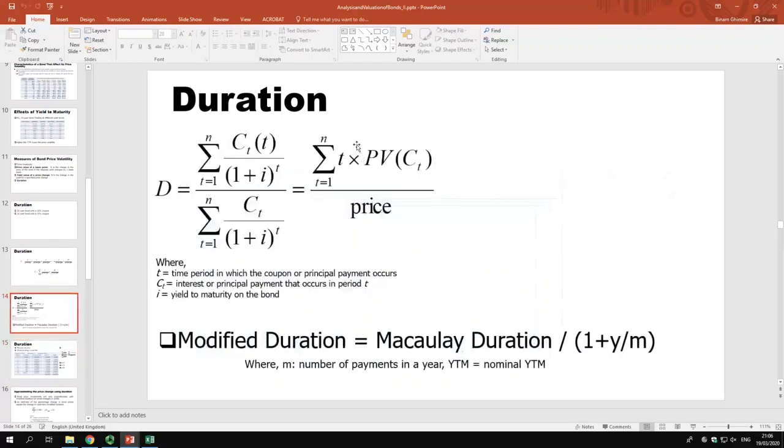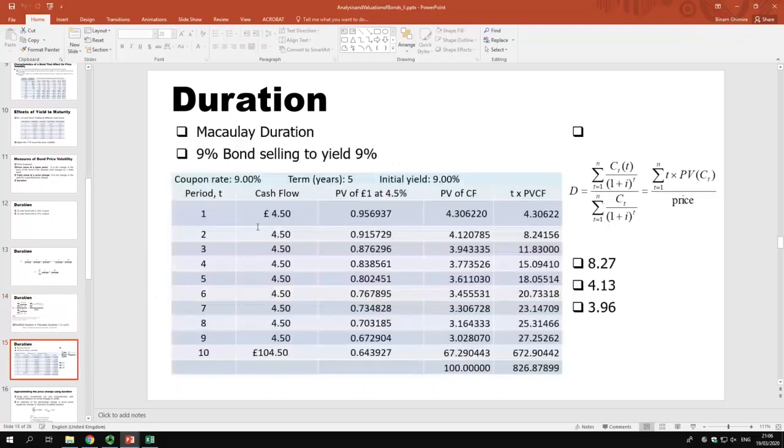Now this 8.27 you calculated using semi-annual coupon payment, in which you also applied half of 9%. In order to convert it into annual, you need to divide it by 2 because the coupon payments were semi-annual. So therefore Macaulay duration annualized is 4.13, which is 8.27 divided by 2.